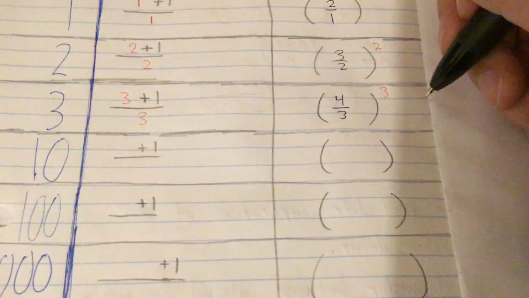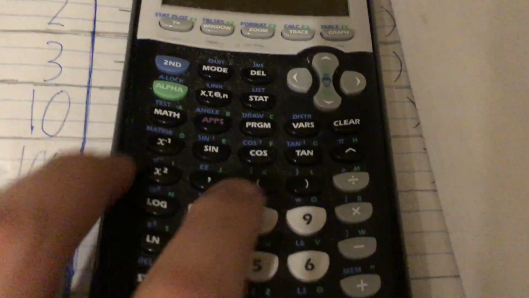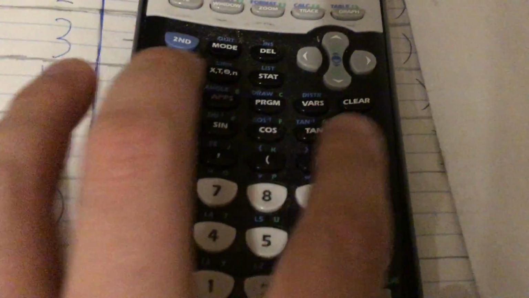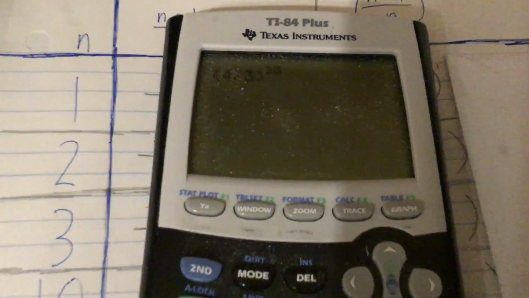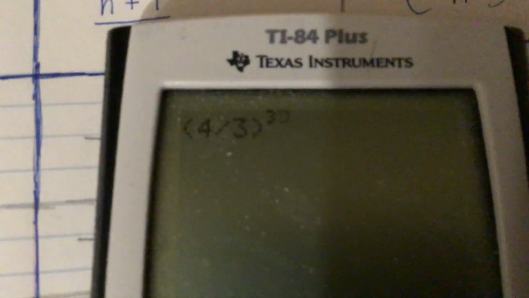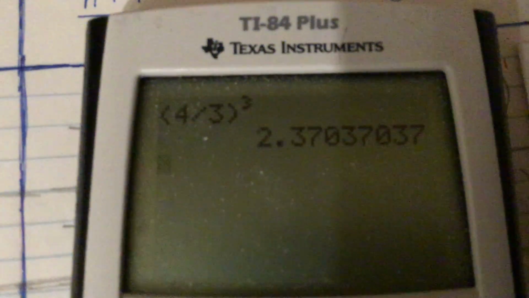So 4/3 quantity to the third power, that would be approximately, I need a calculator for this. So let me try 4/3 caret 3. I thought I wrote down the solution. So that would be 2.370370, so 370 repeating.